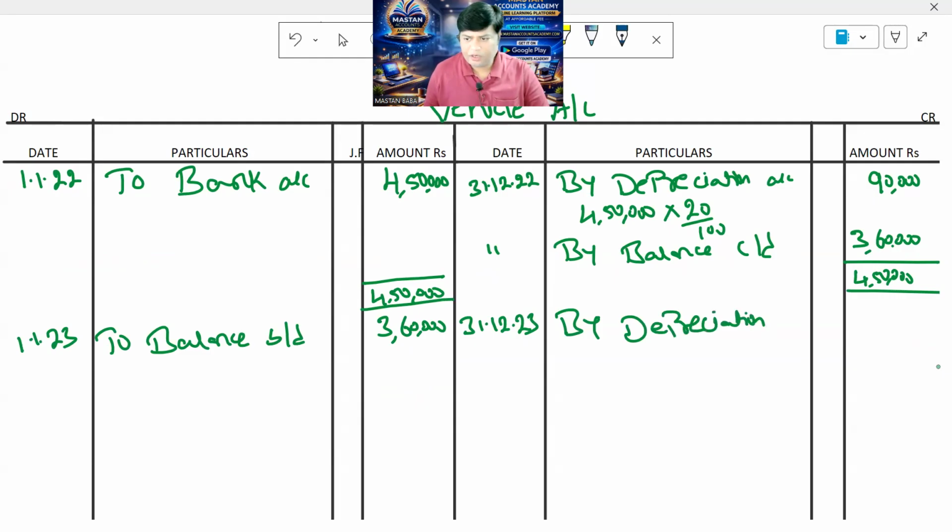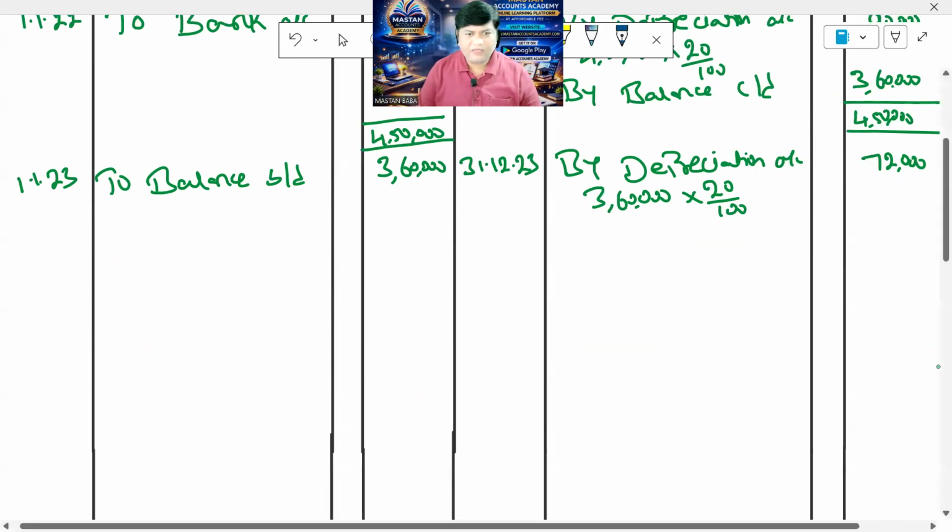On 3,60,000, balance of the asset, it is 20%. So you'll get how much? 36,000 into double, 72,000 rupees. And next, balance it as usual.